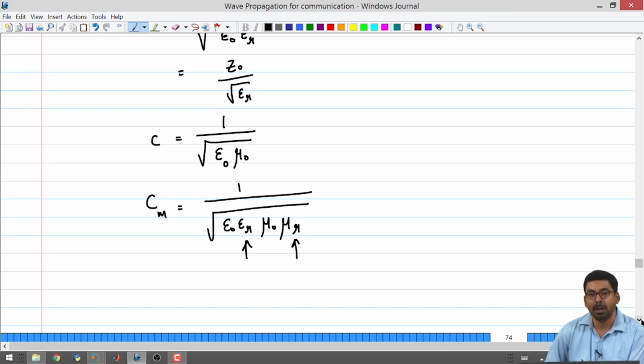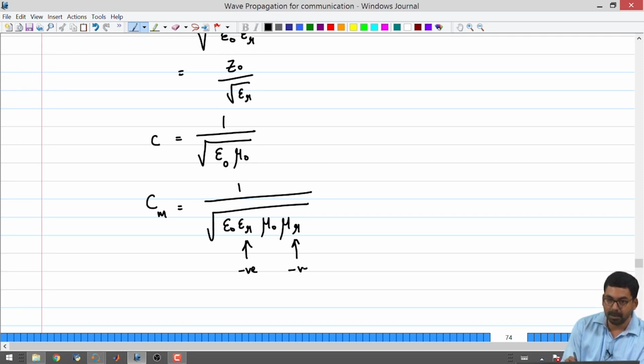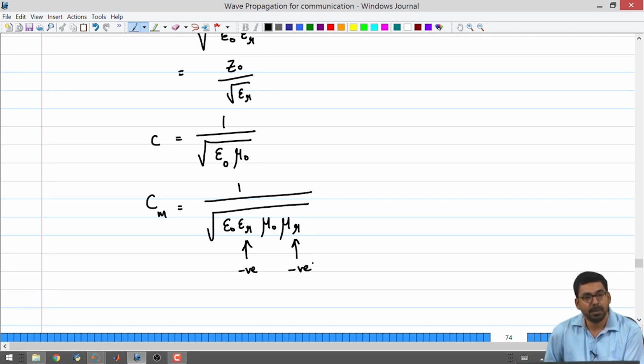The other thing that people also do is they take this equation and manipulate it in slightly clever ways. One of the clever things that people do is, instead of epsilon r being positive, you make it a negative number, you make mu also a negative number, the product of the two becomes positive.